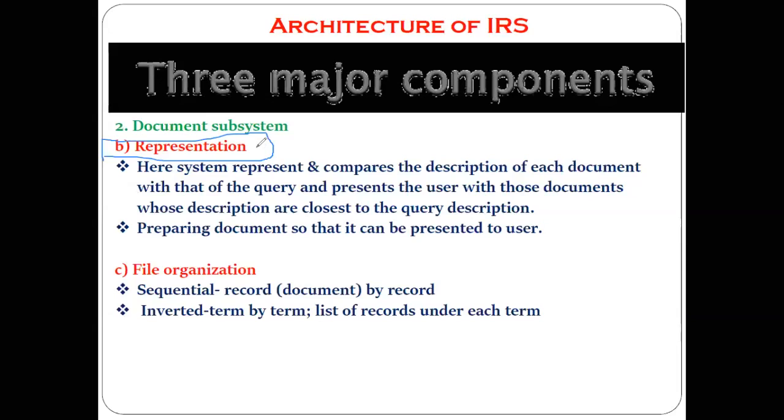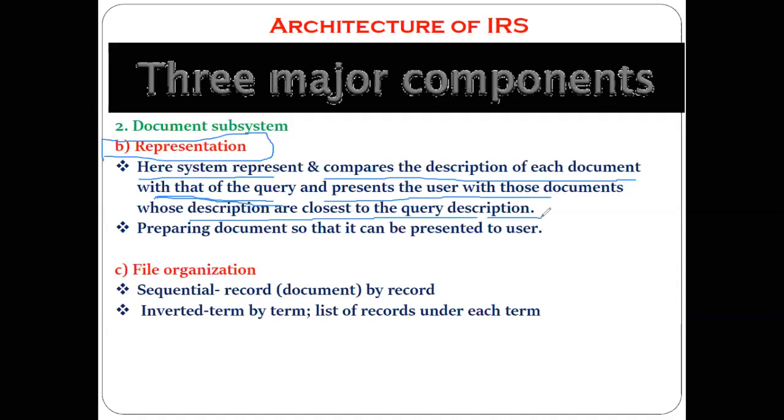Here this representation is what? Preparing the document in such a way that the user can understand it, the user can see it. Yes or no? So here I have mentioned the same thing. Here the system represents and compares the description of each document with that of the query. Whatever query is asked by the user, the system represents it, compares it with the description of the document and presents to the user those documents whose description is closest to the query's description.